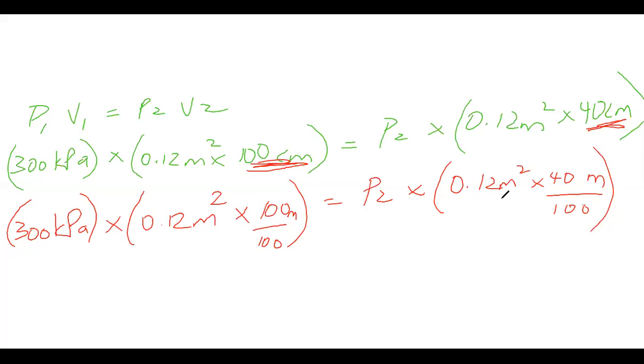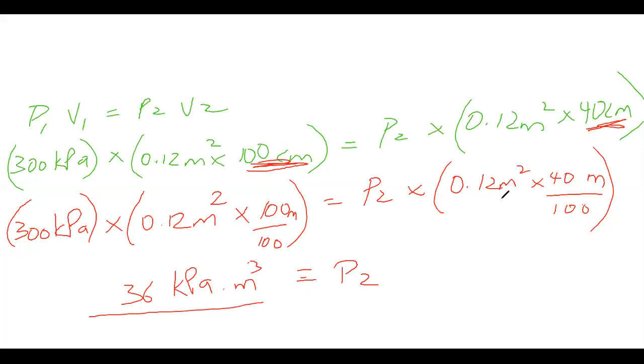So you should get 36 kilopascal meter cube, by the unit. We're going to calculate for P2. But since here is a multiply, we're going to divide that underneath.